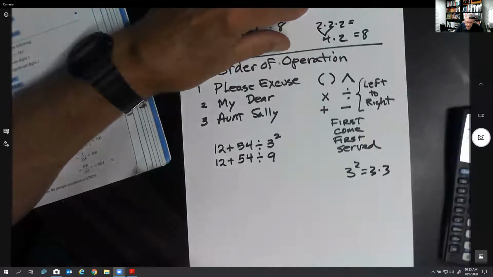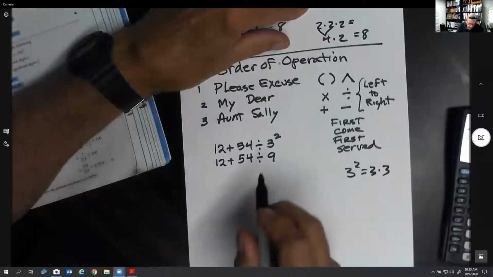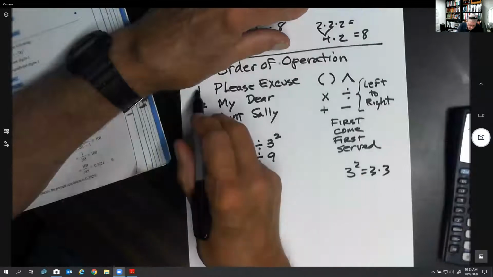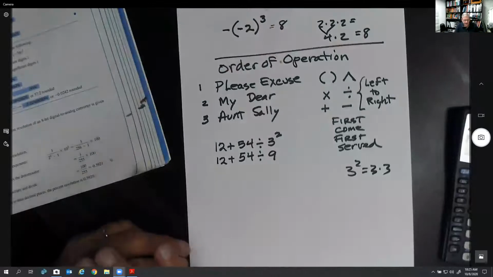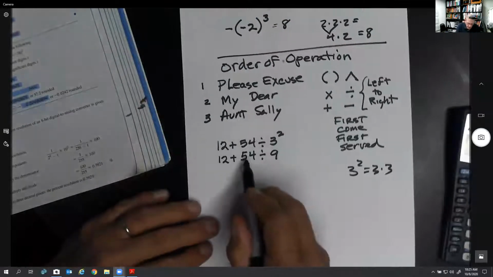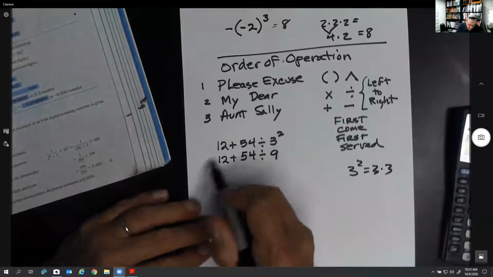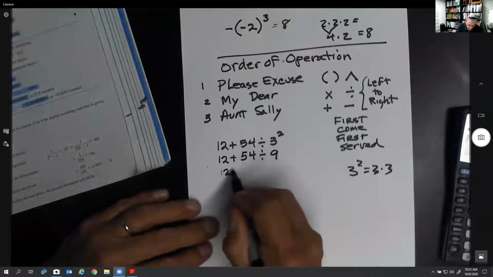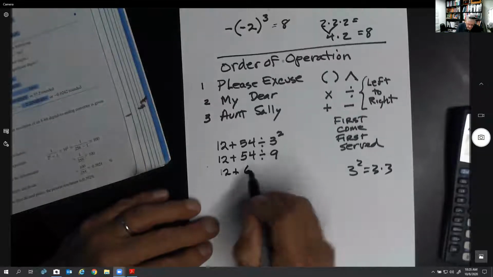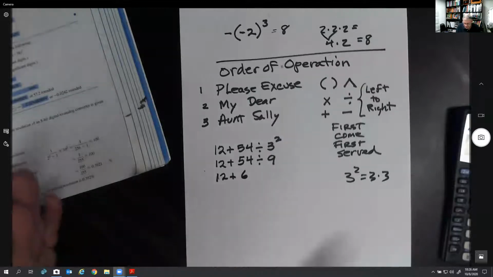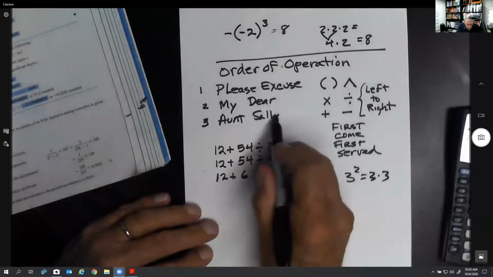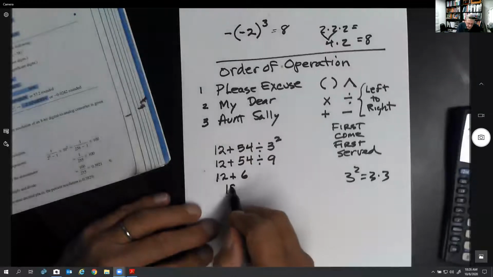Two 3s. Okay, so we finished tier 1. Now we're going to go to tier 2, which says do all multiplications and divisions. So we're going to do this division next. 12 plus 6. And then finally, the last thing we do is any additions or subtractions, tier 3, 18.